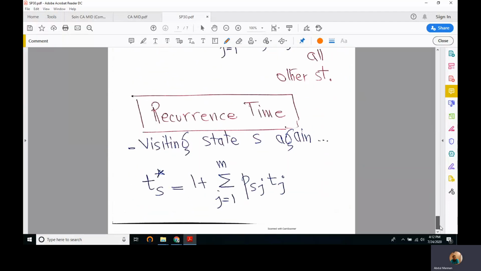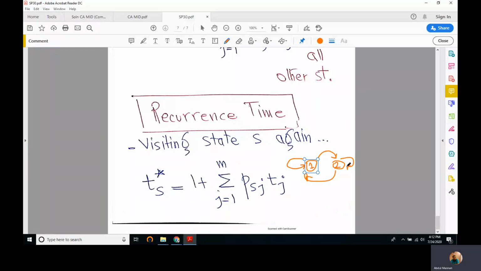And the last thing we studied under Markov processes is the recurrence time. Recurrence time means that given a recurrent class, if I have visited state number 1 for the very first time, what is the mean time after which I will visit state number 1 again?